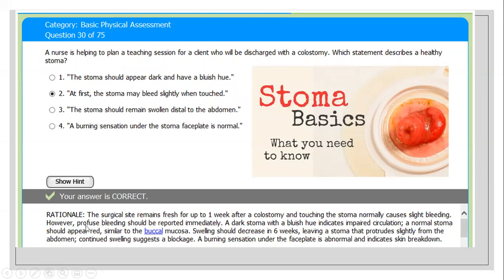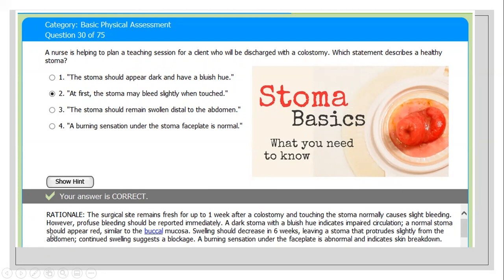However, profuse bleeding should be reported immediately. A dark stoma with a blue hue indicates impaired circulation.